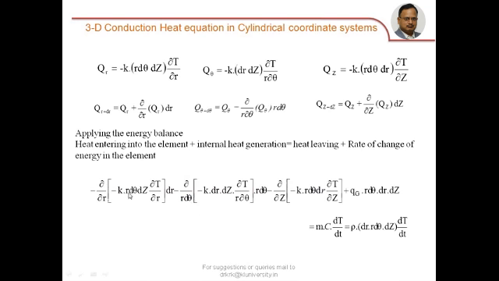So by bringing out this dθ dz dr in each term, the term dz is missing here.